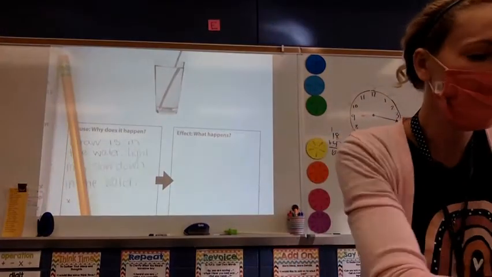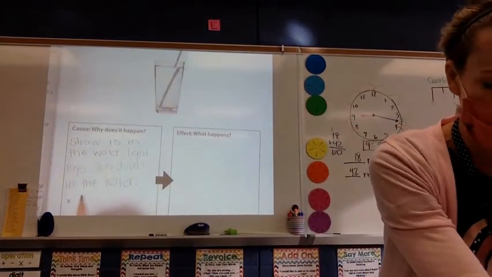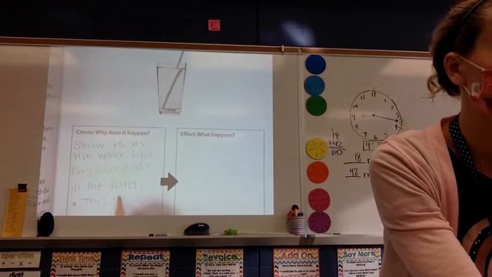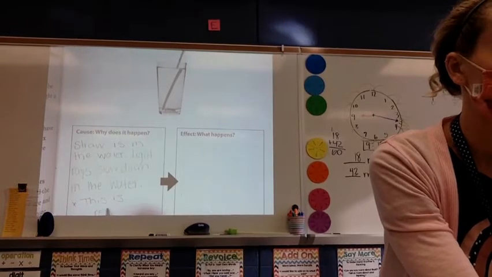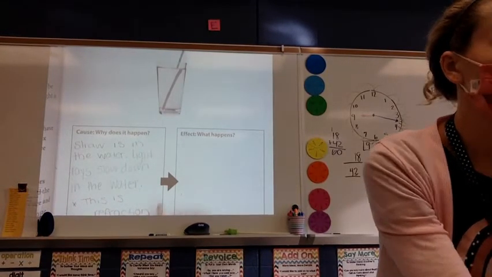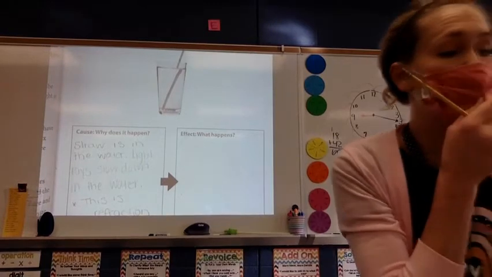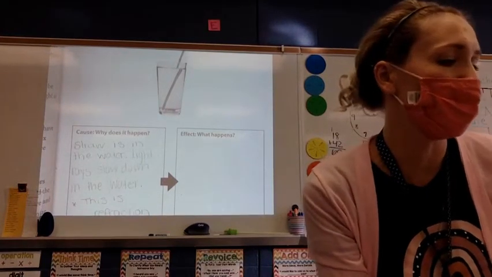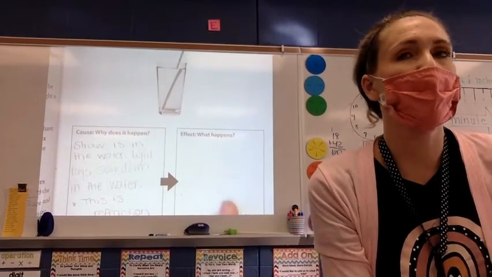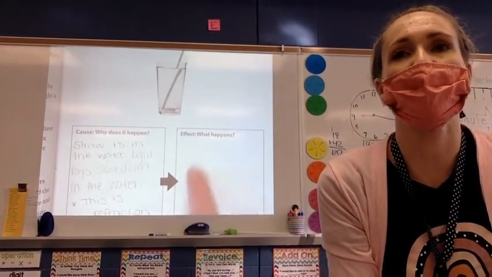Okay. We call this refraction. When the light rays, the cause is the straw's in the water. The light rays slow down and hit the water. It's called refraction. What is the effect?